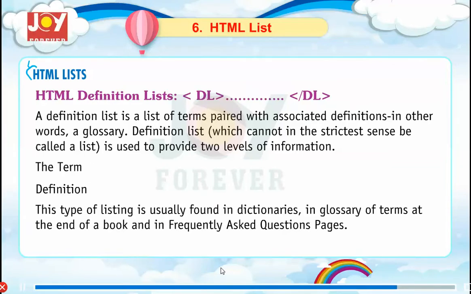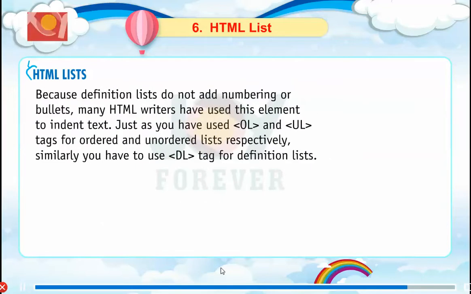This type of listing is usually found in dictionaries, in the glossary of terms at the end of a book, and in frequently asked question pages. Because definition lists do not add numbering or bullets, many HTML writers have used this element to indent text.